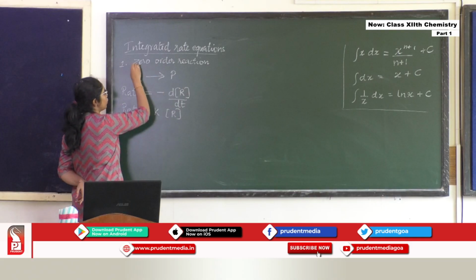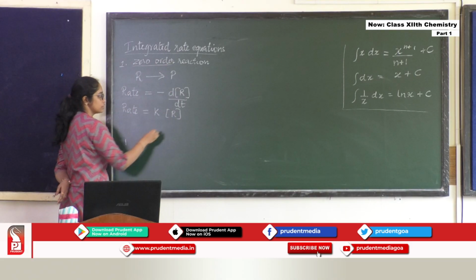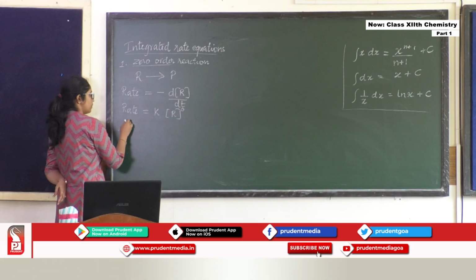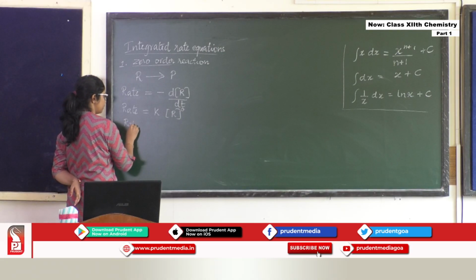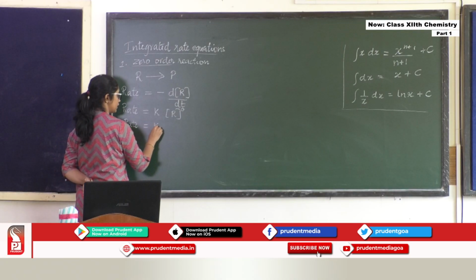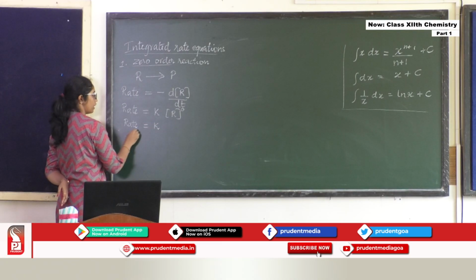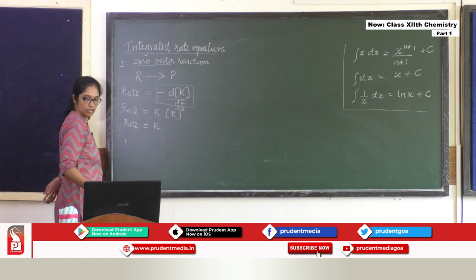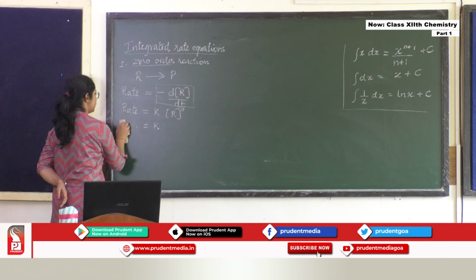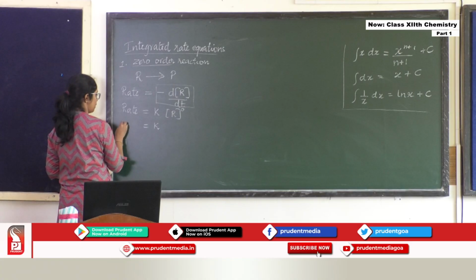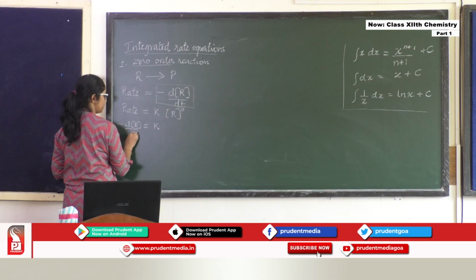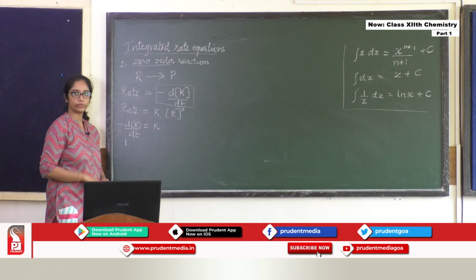Since we have considered that the order of the reaction is 0, we substitute the order as 0. So rate here will be equal to k, and instead of writing the word rate, we write the differential form, minus dR by dt is equal to k.